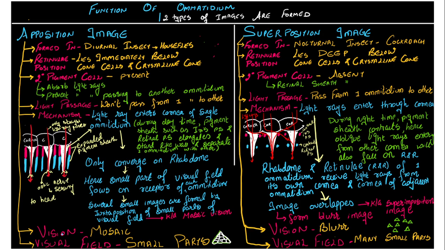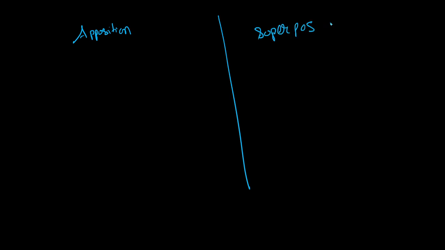Now next one is the vision. Let me again go back. One is your apposition image, second one is your superposition image. Apposition image, and next one is your superposition vision. Okay? Now look here, listen to me very very carefully.